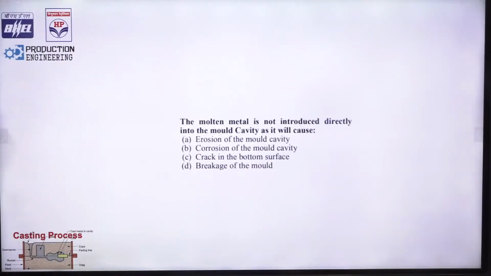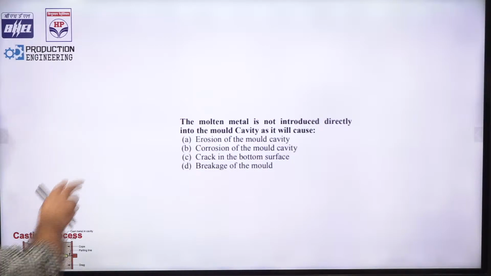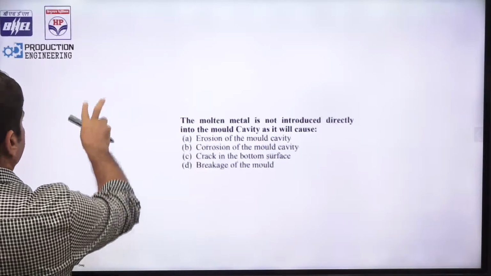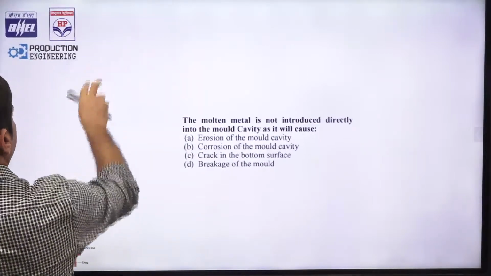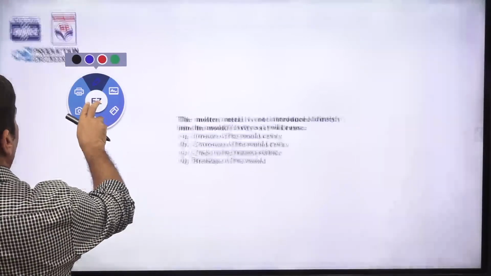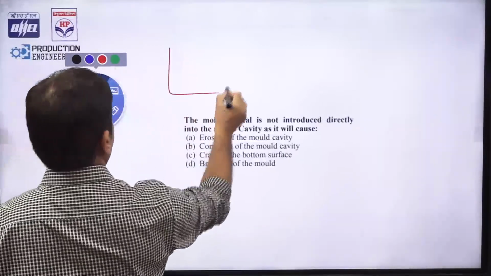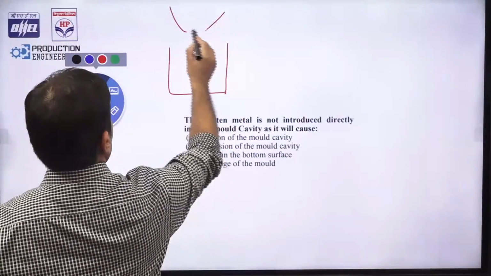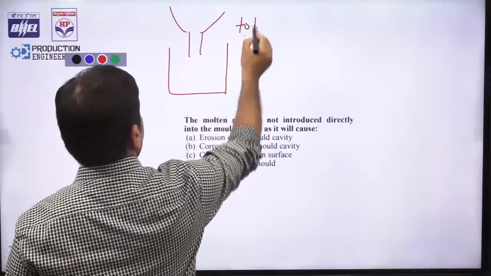Molten metal is not introduced directly into the mold cavity, as it will lead to what? Crack, breakage, erosion, corrosion. Very simple question. Top gate, bottom gate. I don't go for top gate. You know what a top gate is? There is molten metal and this is the cavity. Suppose the gate is like this. This is called a top gate.